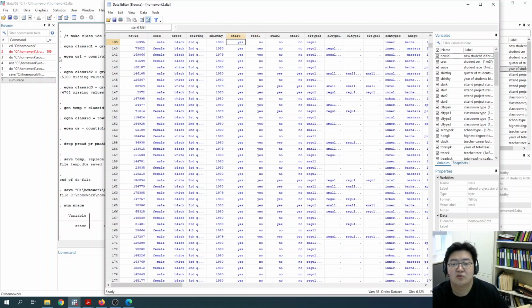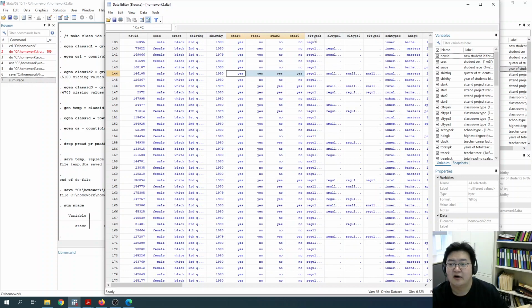For example, this student participated in the kindergarten year, but did not participate here. Another student participated for only 2 years, and then no. And there are some students who attended all 4 years.